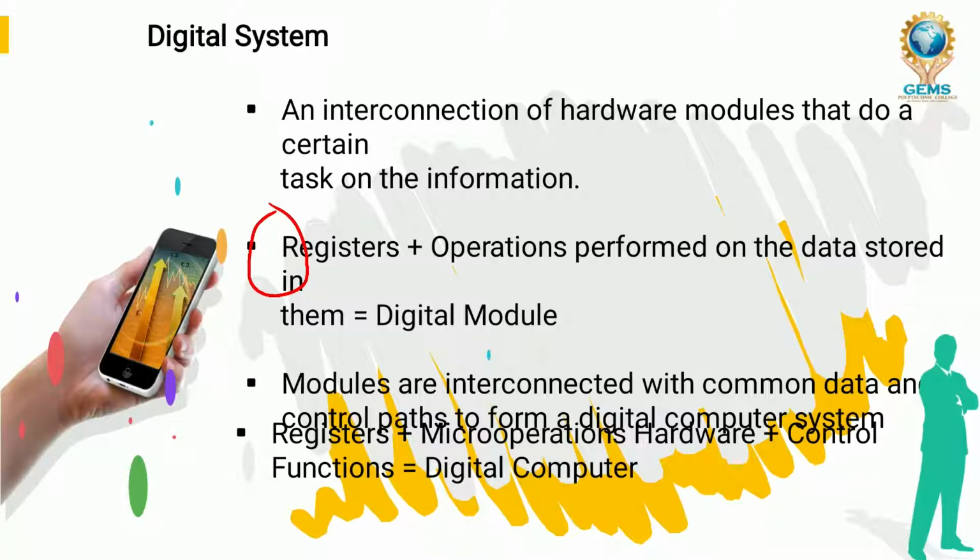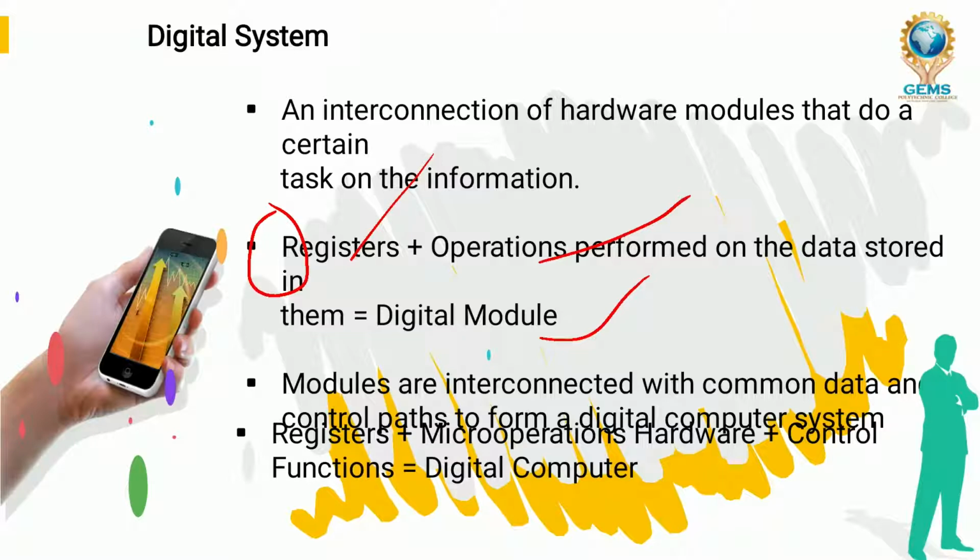So what is a digital system or digital computer, and how does it work? Here, registers plus the operations performed on the data stored in them. That is the digital module.